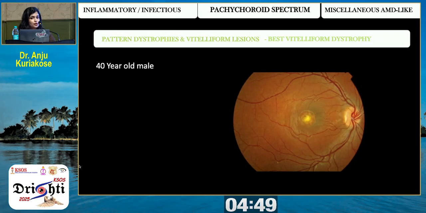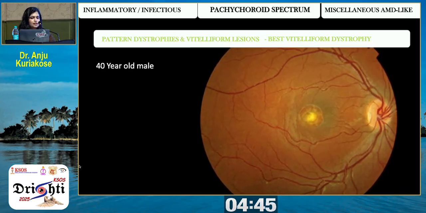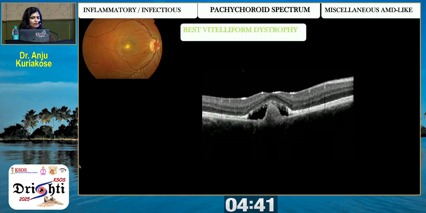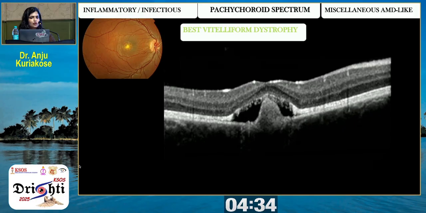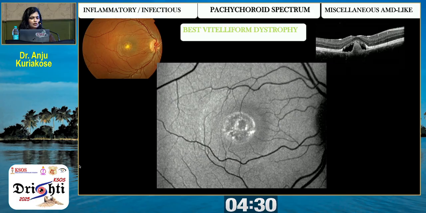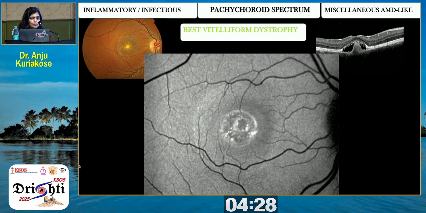Next is Best vitelliform dystrophy. A relatively younger person, around a 40-year-old male, with a smooth vitelliform subretinal mold, very bold, very bright hyperautofluorescence, abnormal EOG, and family history. It can be bilateral.